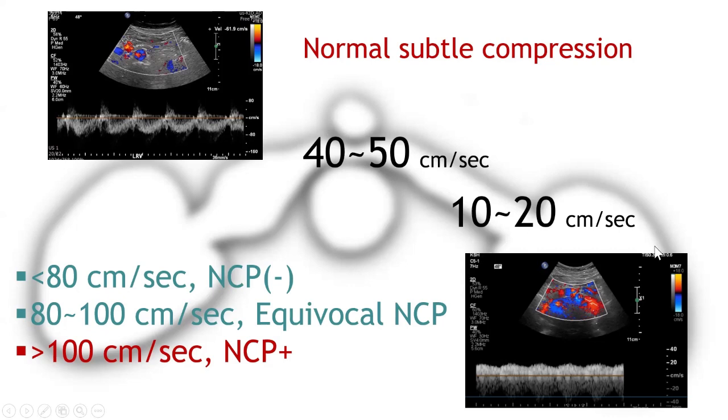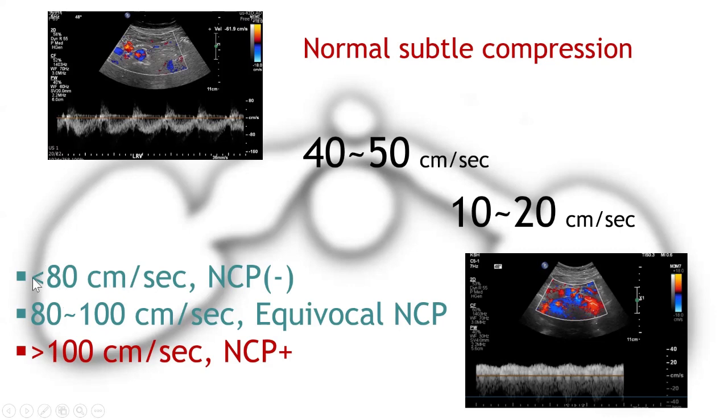In the normal group, the hilar left renal vein velocity is around 10 to 20, and in the aortomesenteric area it is around 40 to 50. So when this aortomesenteric velocity is twice this value, we can consider it probably abnormal.